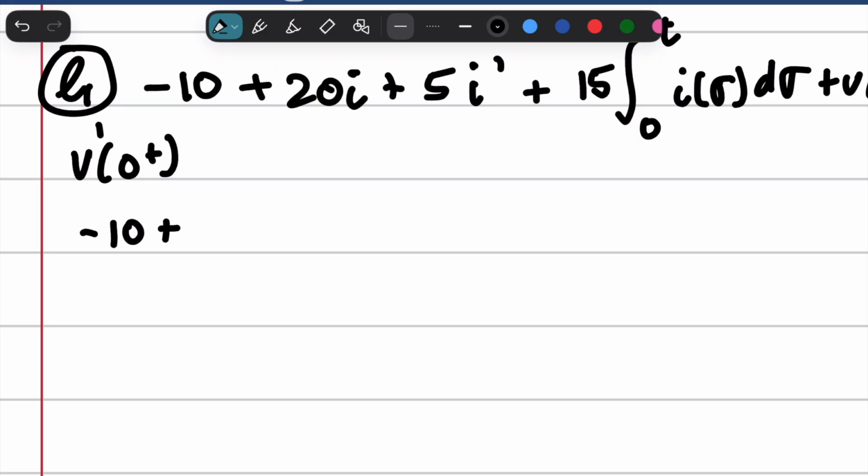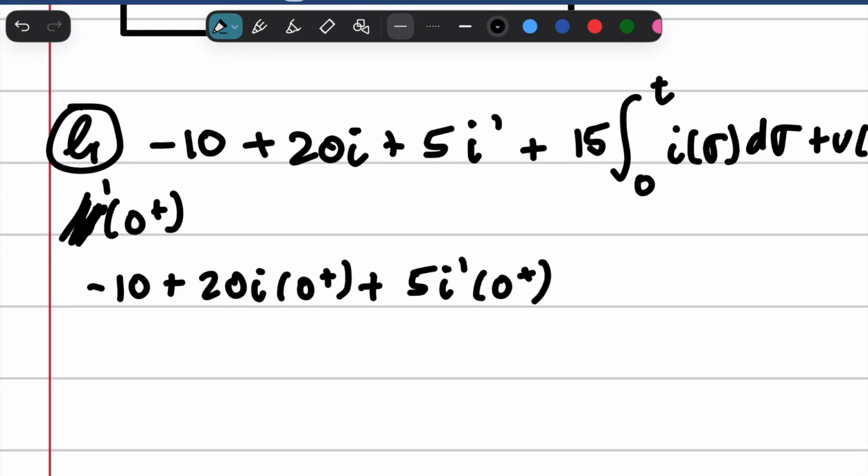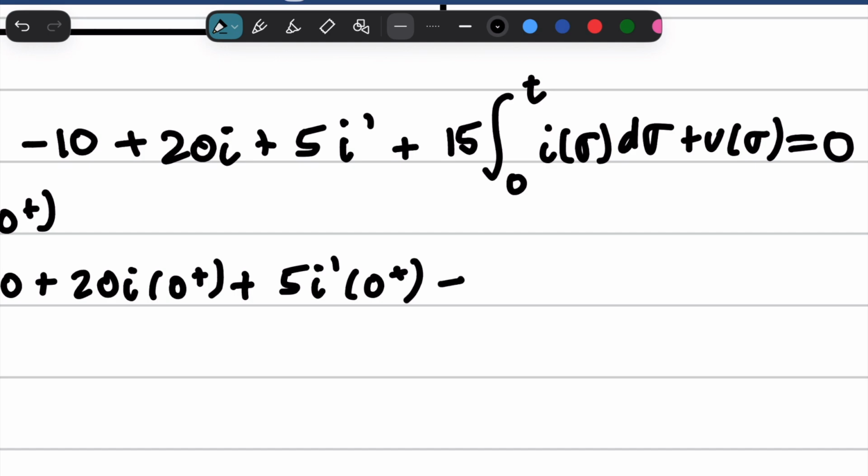Negative 10 plus 20I of 0 plus, plus 5I prime of 0 plus, which is what we're trying to look for, not V prime. That's for finding the voltage right now. We've got I prime 0 plus, and then plus, this is just 0, plus V of 0 plus equals 0.